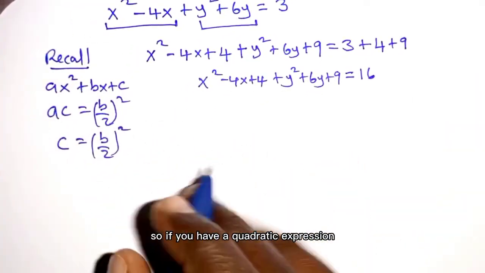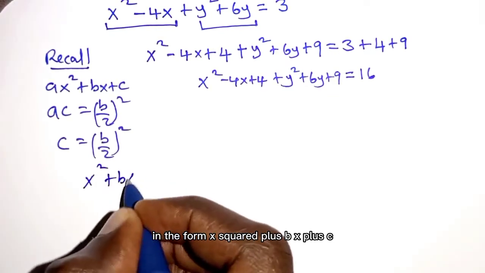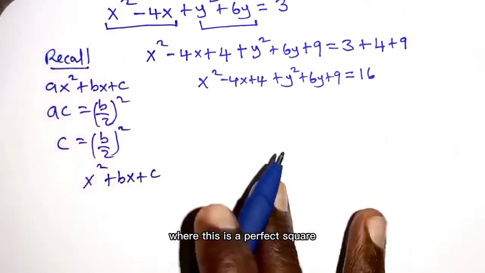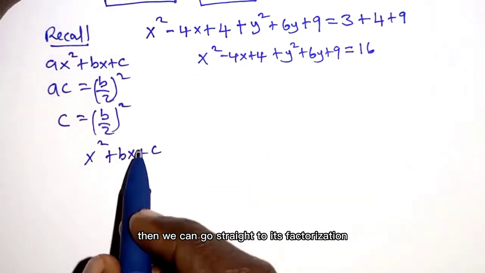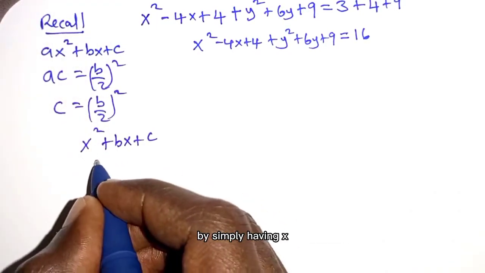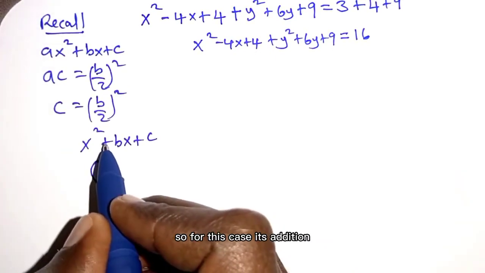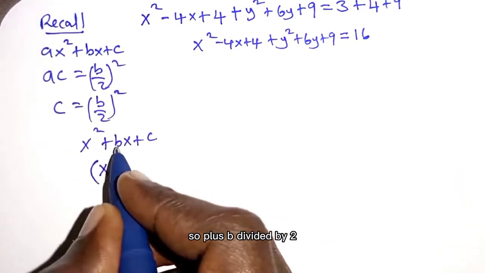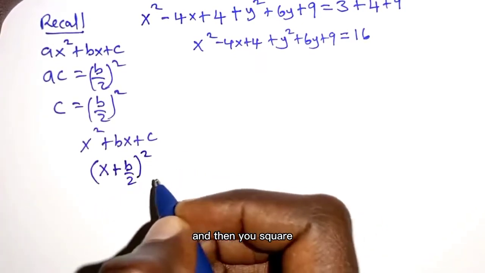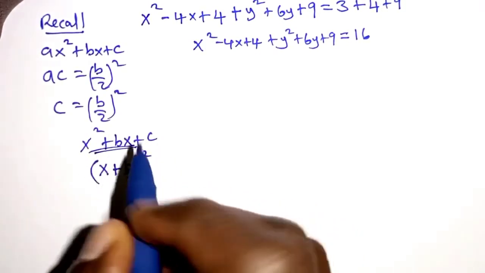So if you have a quadratic expression in the form x squared plus bx plus c, where this is a perfect square, then we can go straight to its factorization by simply having x and then the sign that follows here. So for this case it's addition, so plus b divided by 2 and then squared. So that way you shall have factorized the expression in question.